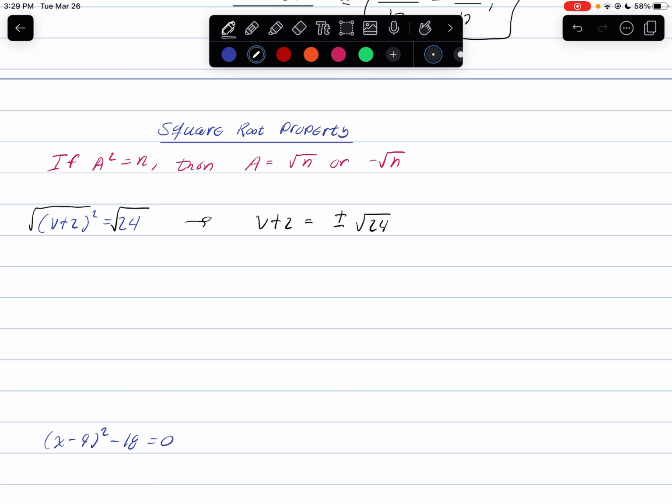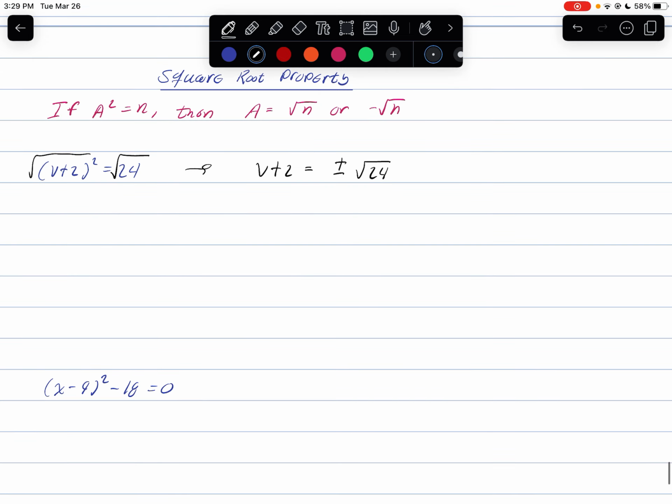So there are two things we have to do here. Here we have v plus 2 is equal to the square root of 24, or v plus 2 is equal to negative square root of 24. And these are both going to be solutions to this equation, okay?